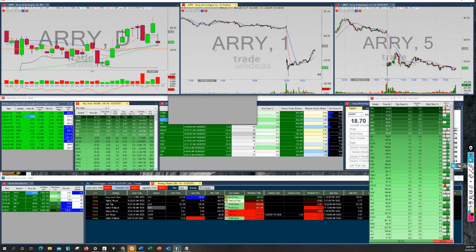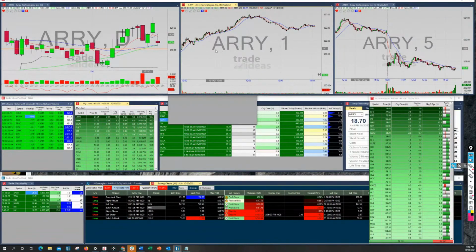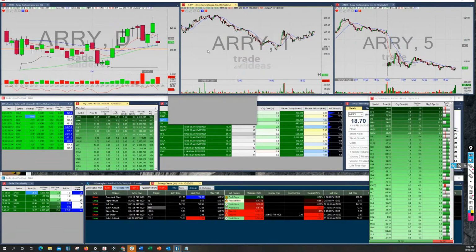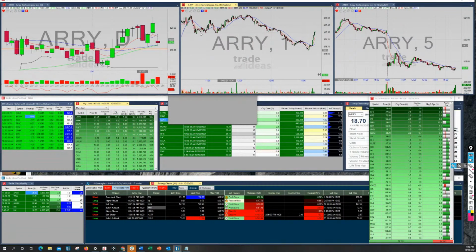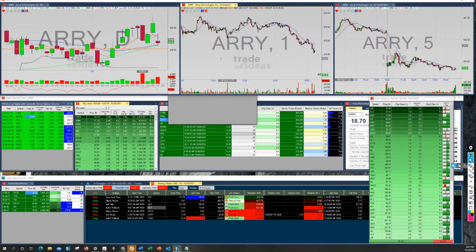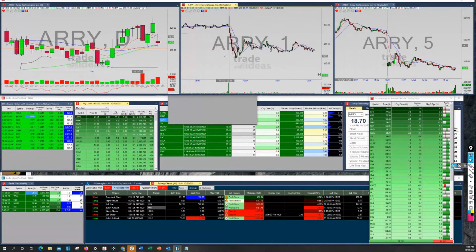Well, whether it's a 1 minute chart or a 60-minute chart, the VWAP should be the same. VWAP's VWAP. I'm scrolling all the way back here, on the 15th. Little ways to go.